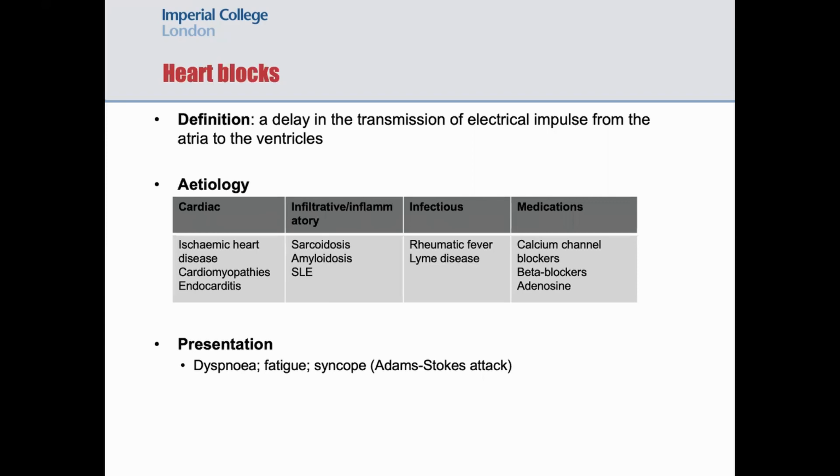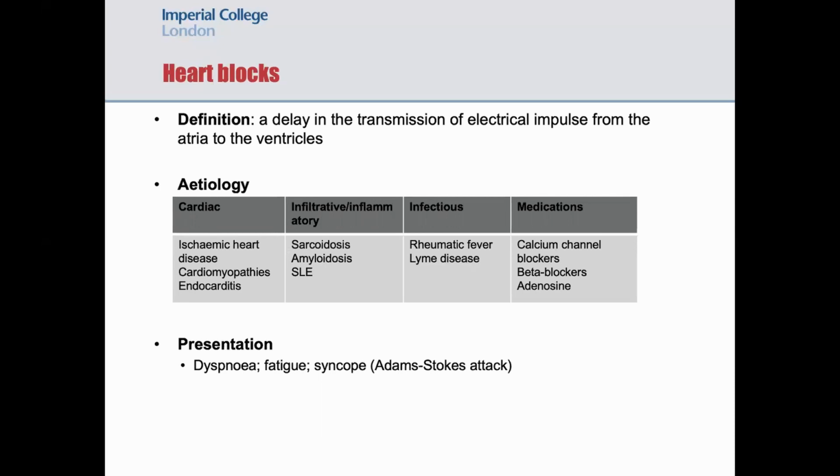Essentially the definition is that the transmission of the electrical impulse from the atria to the ventricles is abnormally delayed at the AV node and sometimes doesn't conduct through. There are several etiologies, and it's always good to group the etiologies with a heading, so you can have cardiac, inflammatory, infectious, and also medication can cause heart blocks as well.